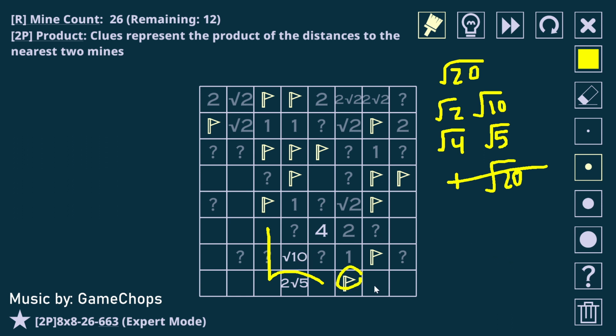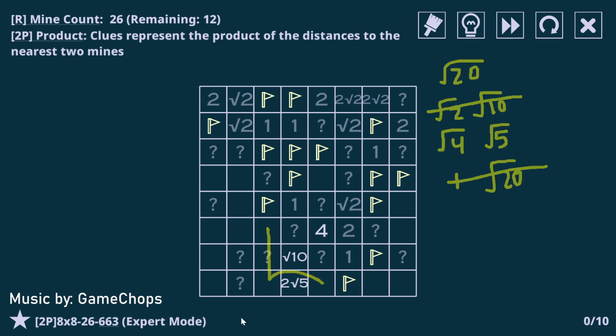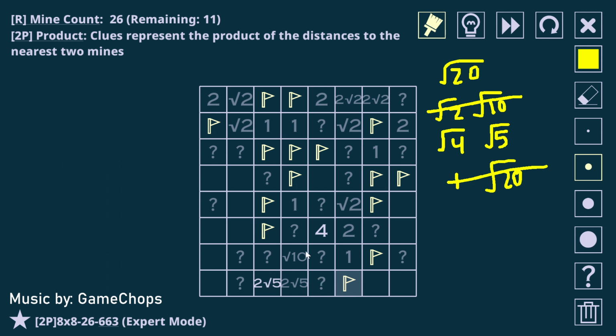But because of this here, it can't be 2 root 10, because if this was here, it wouldn't be counting something that's root 10 away. So it must therefore be root 4 root 5, which is 2 times root 5, and therefore, because it already sees one that's 2 away, it cannot see another that's 2 away. Cool. It also cannot see anything that's any closer, which means that this must be a mine, which fulfills both root 10 and 2 root 5, so that's satisfying.